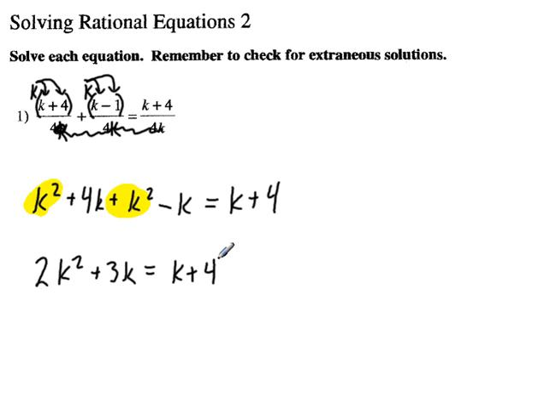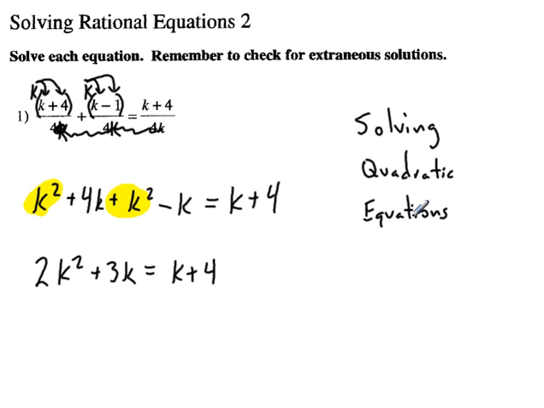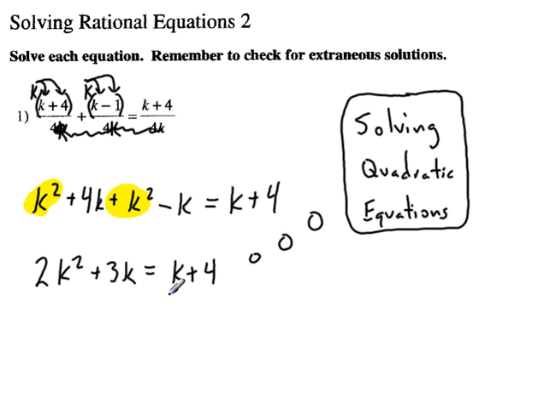Alright, if you think way back, you had a worksheet that was called Solving Quadratic Equations. I want you to think back to that. And I think it'll look familiar once you see this.